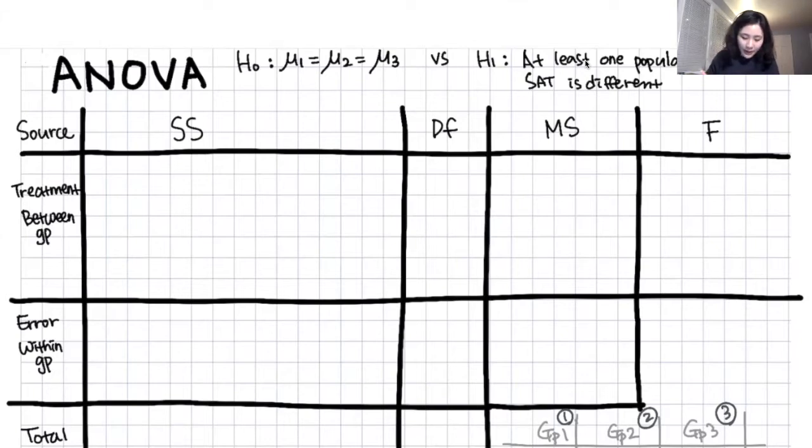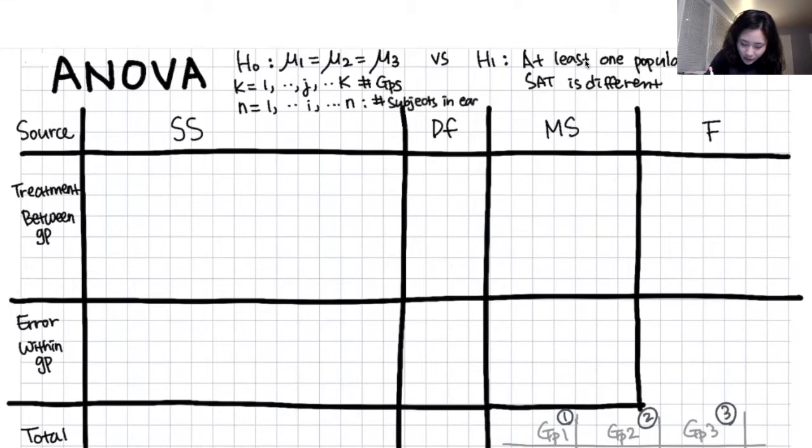And I will write K as the number of groups. So K starts from 1. K is the number of groups. And my N is the number of subjects in each group.